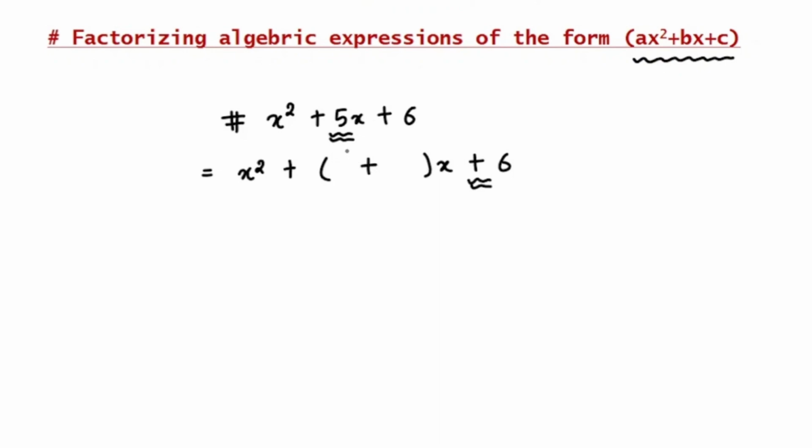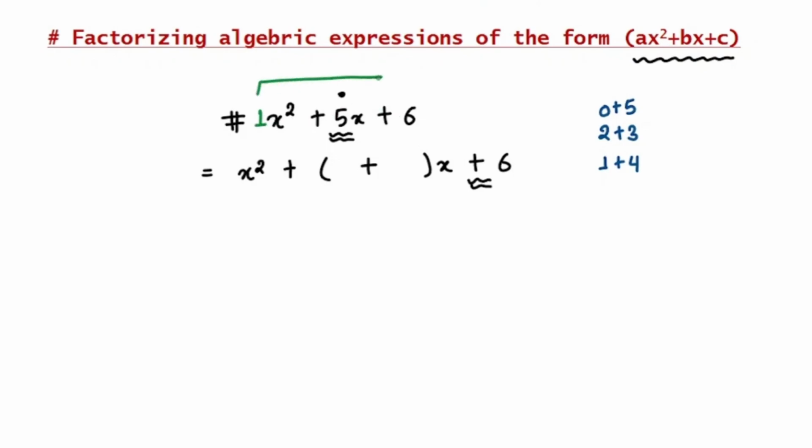So you have to choose two numbers such that when you add them, it gives you 5. Now we know that 2 plus 3 is 5, 0 plus 5 is also 5, 1 plus 4 is also 5, right? So which one should we choose? The second thing that you need to remember is when you multiply those two numbers, they need to give you the product of the first and the last term, okay?